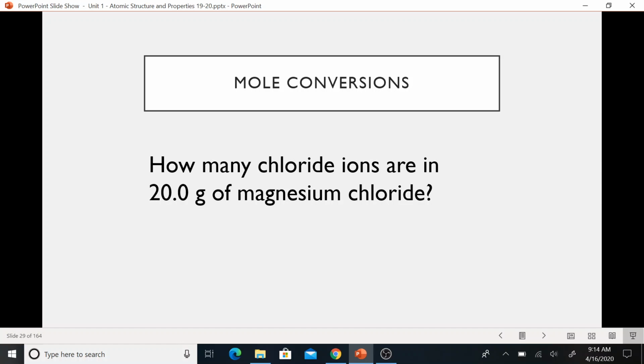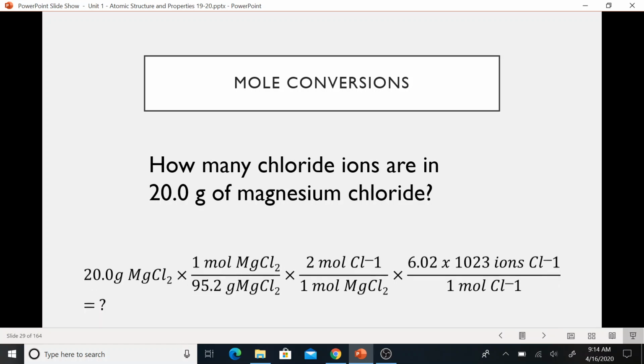Well, let's start with our 20.0 grams of magnesium chloride, MgCl2, that's our correct chemical formula. We would then use the molar mass of magnesium chloride, so that's 95.2 grams of magnesium chloride in 1 mole. Now, it's not asking us how many formula units of magnesium chloride we have.